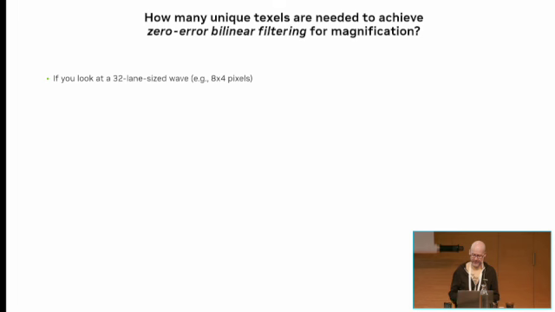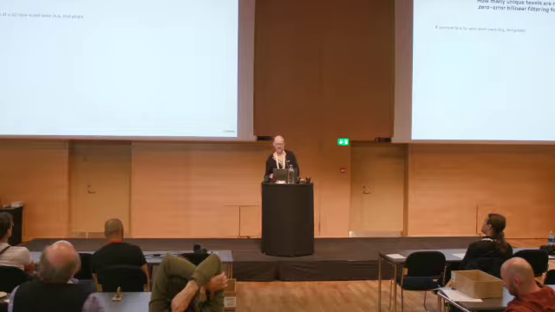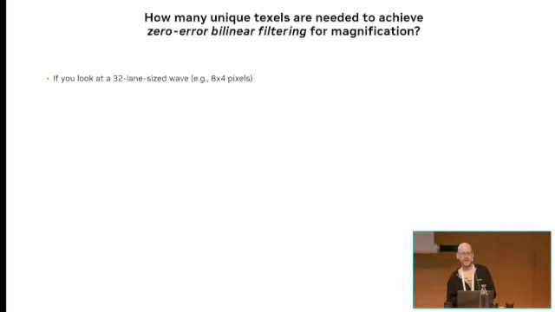So before we dive into the algorithms, if I had been a really good researcher, I should have asked this question at the very start of our project, but it turned out that this was almost the last thing we did for our paper. So the question is, if you have bilinear filtering, how many unique texels are needed to achieve zero error when you do the filtering?